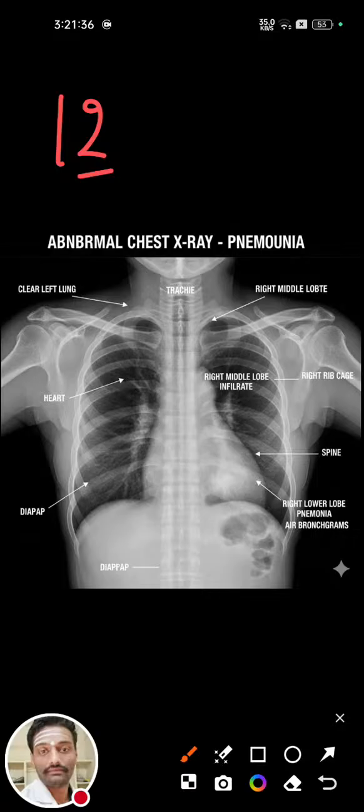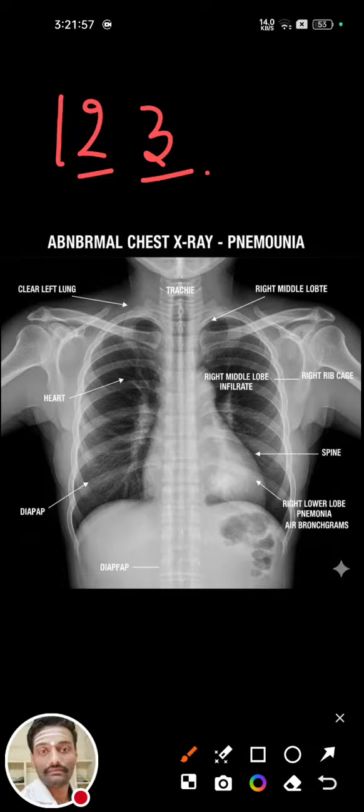Third one is the ground glass haze. Early pneumonia or interstitial pneumonia, we'll see ground glass haze. Okay, next one, see if there are any secretions or visible dark branching bronchi inside the white opacity.